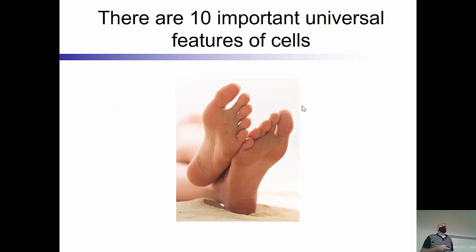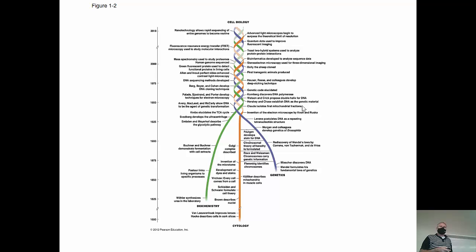We did a review of sort of your first year biology, looking at the 10 important universal features of cells. And finally, we talked about really where or what gave rise to cell biology. And we looked at these three fields of genetics, cytology, and biochemistry, and how they combine to make the field of cell biology.